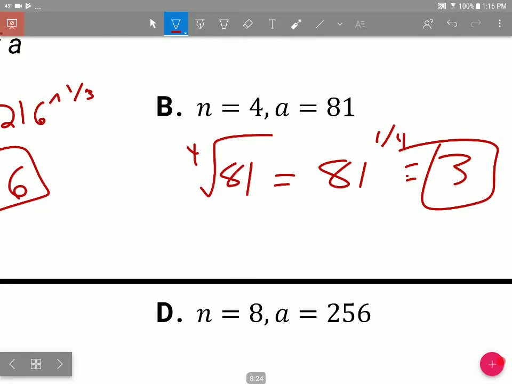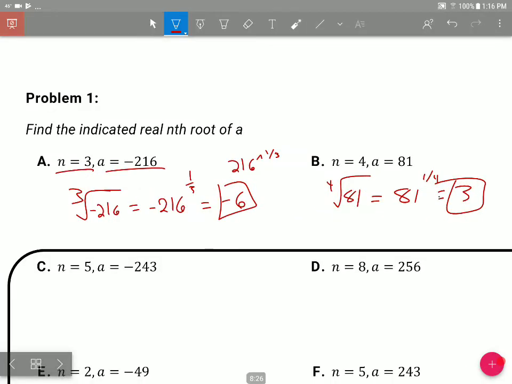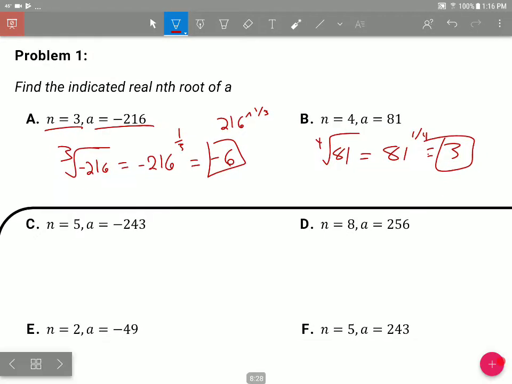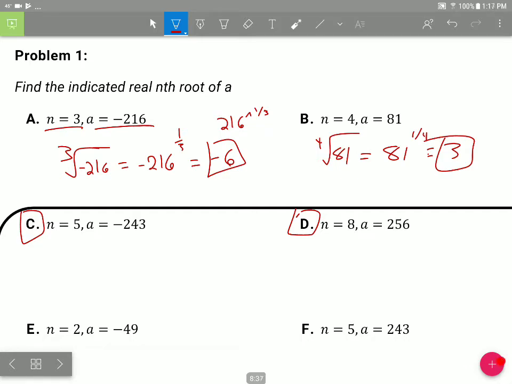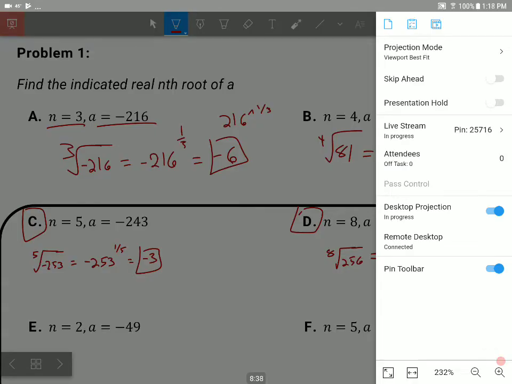Cool. All right, do C and D for me real quick. Do letter C, do letter D for me right quick. What? -3 and 2. Cool. Makes sense.